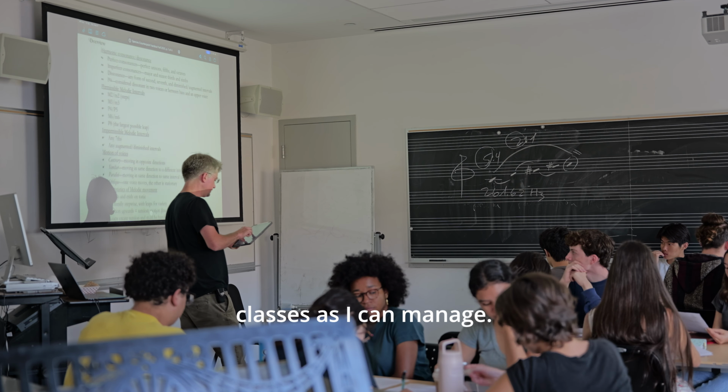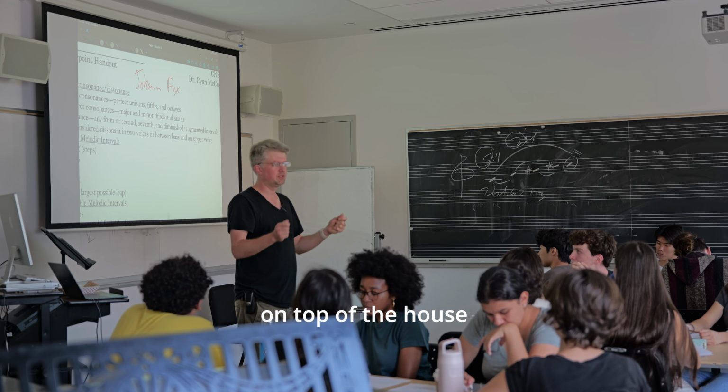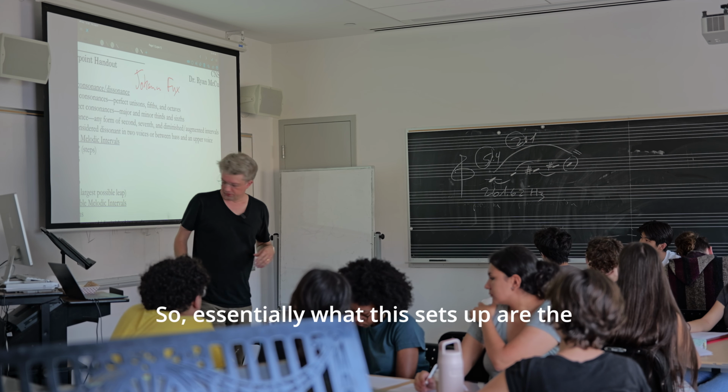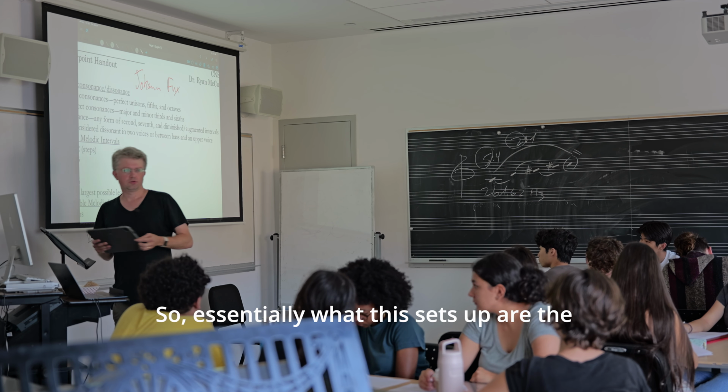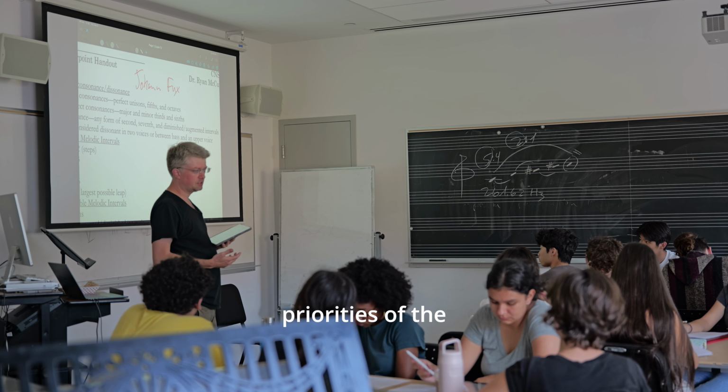So you could think of the score that you get when you are given your nice, fancy Henle Urtext as the people that have been written on top of the house, which has a foundation. And the foundation are these rules. These rules are grappling with those problems which composers and theorists in the 16th and 17th century were very much aware of. So essentially what this sets up are the priorities of the Western classical tradition.